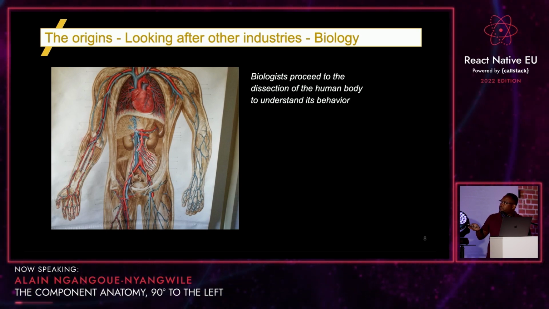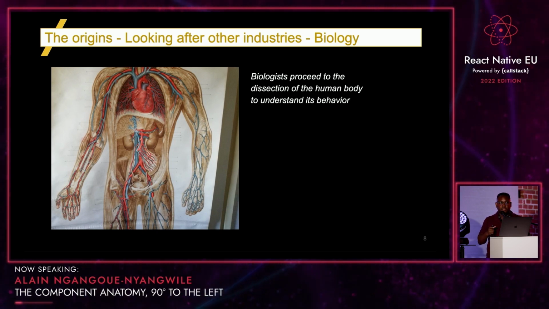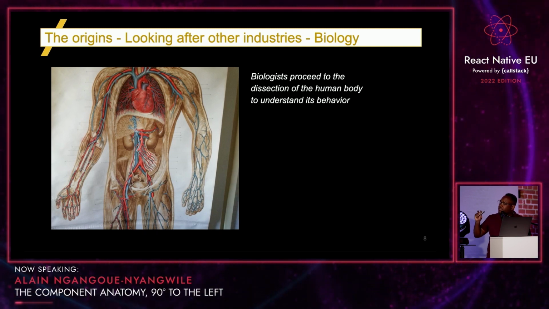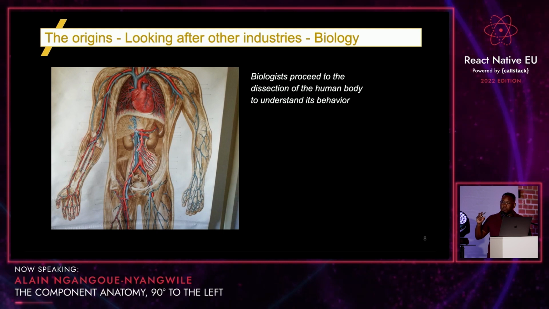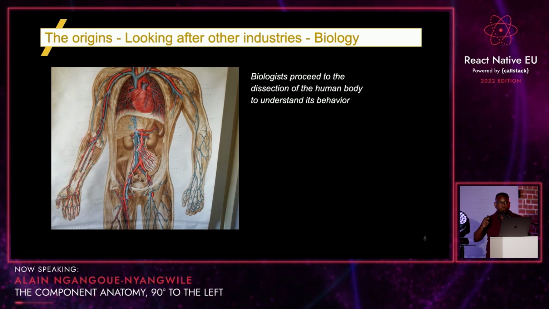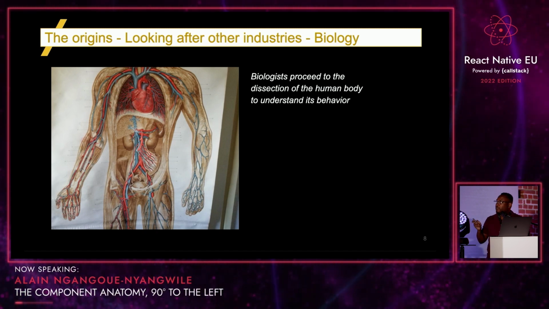If you look at this picture, you can see how biologists proceed to the dissection of the human body to understand its internal behavior. So I was looking the same thing, but for my components, and I was not able to find it. By the way, you understand now where does come from the anatomy in the component anatomy.